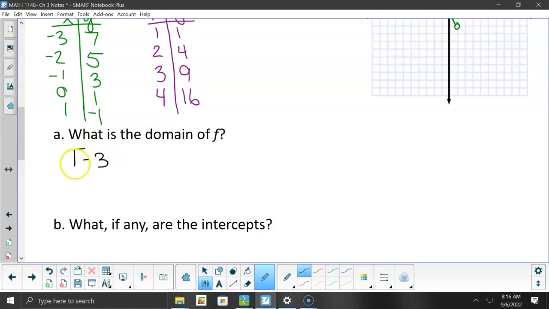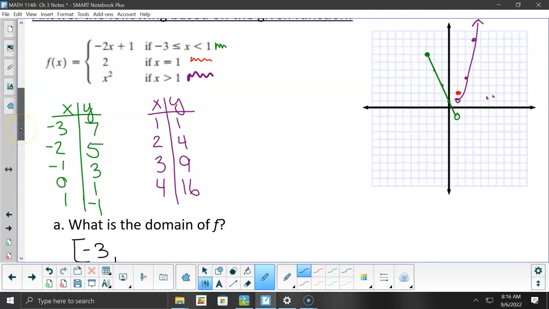It is included. And then, does it go all the way to the right forever, never, never? Yeah. So the reason I know that is because it just says x is greater than 1 here, so it's going to keep going. This top one in green stops at x is -3. The breaks don't count for domain, but they're going to count for range.